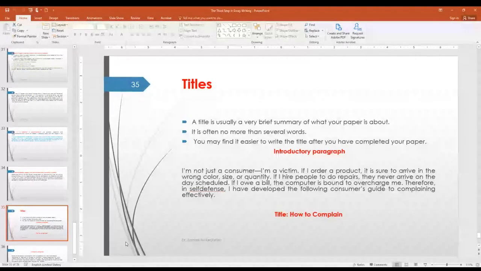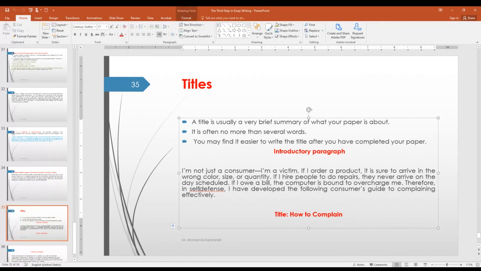If I hire people to do repairs, they never arrive on the day scheduled. If I owe a bill, the computer is bound to overcharge me. Therefore, in self-defense, I have developed the following consumer's guide to complaining effectively.